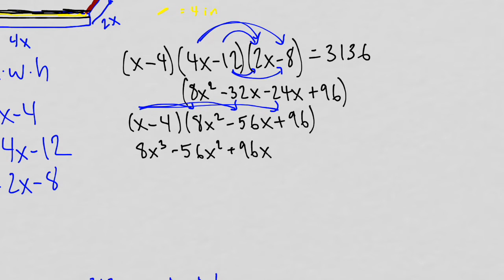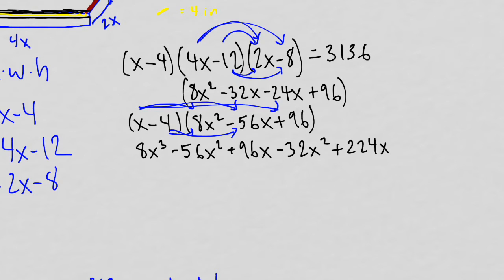Negative 4 times positive 8x squared is negative 32x squared. Negative 4 times negative 56, that's going to be positive, right? Because it's a negative times a negative. Positive, what is 4 times 56? Let me see, that's 224x.